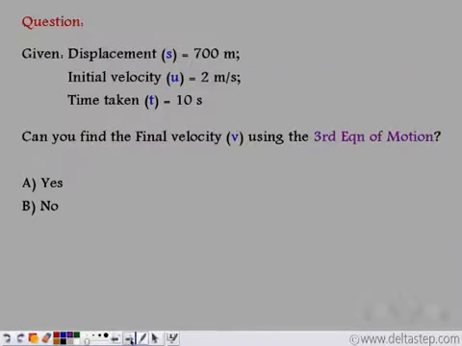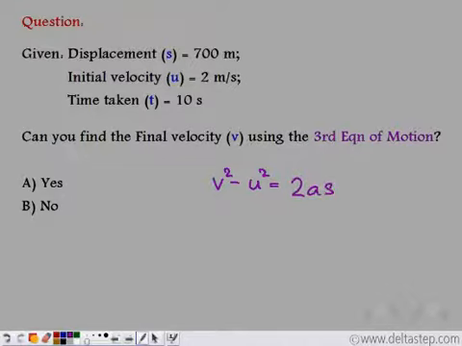Now we are given that displacement is equal to 700 meters, initial velocity is 2 meters per second, time taken is 10 seconds. Can you find the value of final velocity using the third equation of motion? Well, the third equation of motion is v square minus u square is equal to 2as.